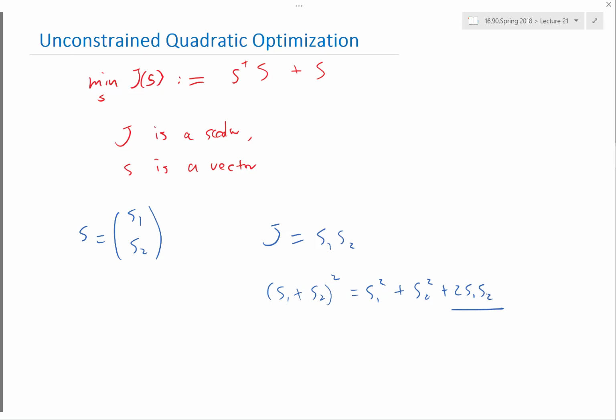Okay? So to make it more general, how should we frame a quadratic function if S is a vector? Si, Sj. So here the proposal is Si times Sj, right? That's one of the terms that could be any combination of i and j, could be a component in the quadratic form, right?